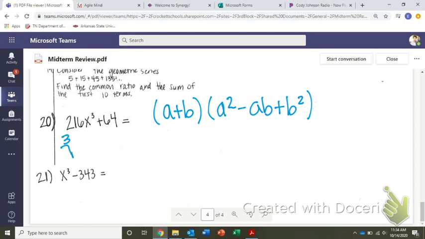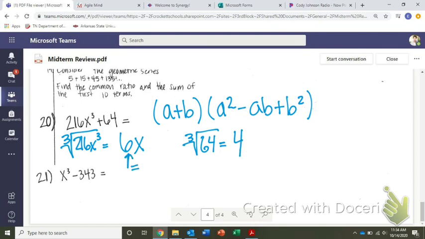So the cube root of 216x cubed, well, the cube root of 216 is 6. And remember, if you have letters, to determine the number of letters, you say the power divided by the root. So 3 divided by 3 is 1, so I just have 1x. If you take the cube root of 64, that is 4.